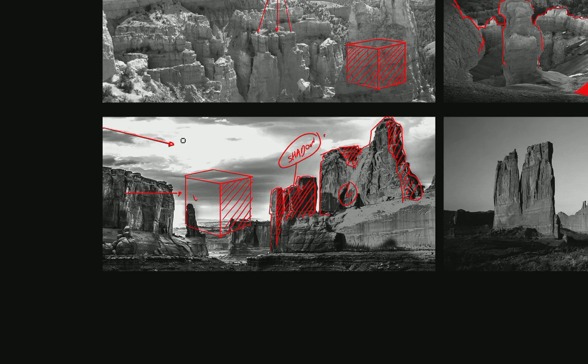Now depending on the angle of the light, if the sun is actually more directly on the side, we know for a fact that this face or this side of the box is going to be lit, but the top side is probably not going to get as much light, so we can almost make an educated guess that this side is going to be more or less in shadow as well.